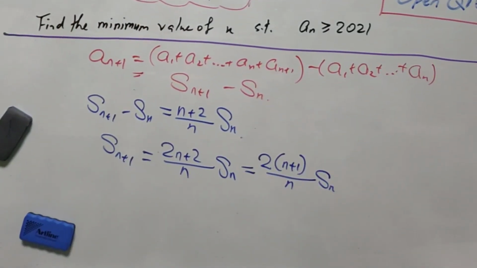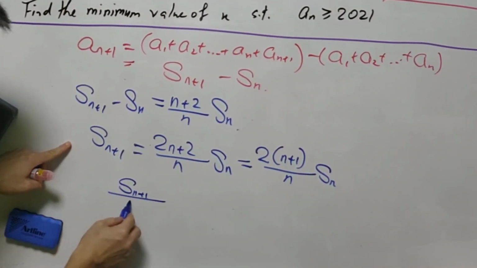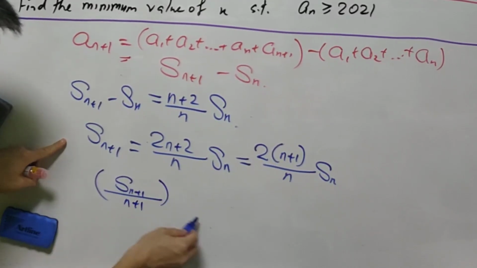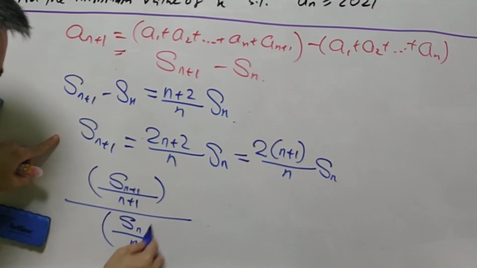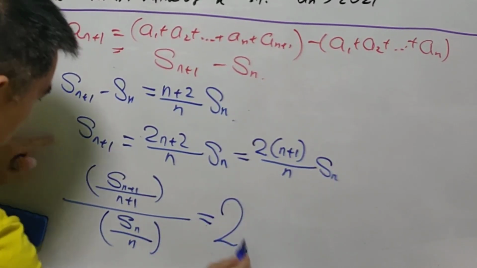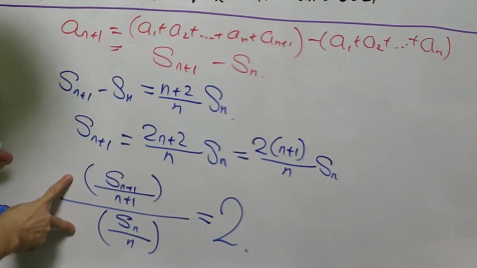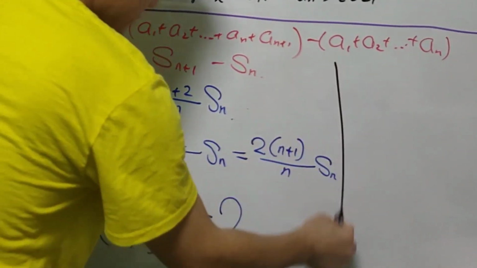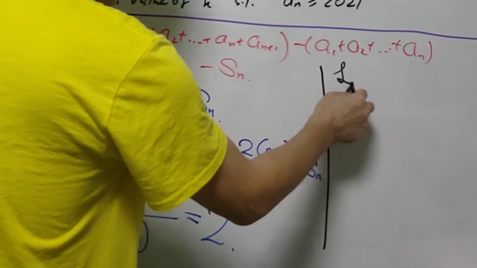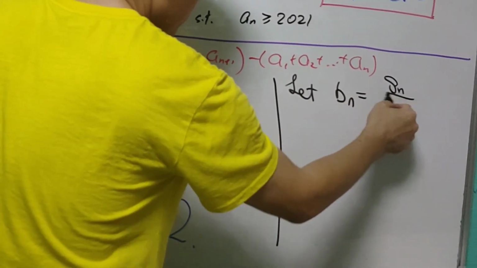Now with this, we are able to see that S(n+1)/(n+1) over Sn/n is equal to 2. Once we have this relation, this is something that we're familiar with, because we can let a new sequence called bn equal Sn over n.